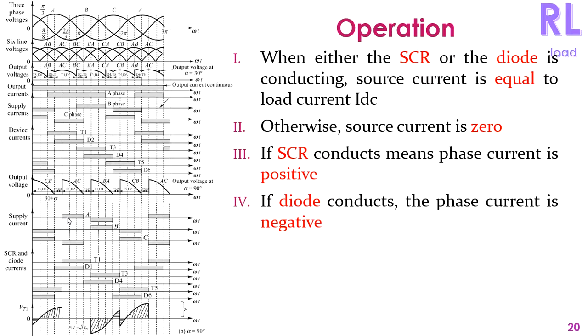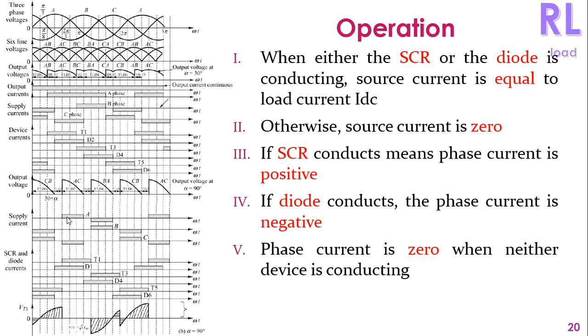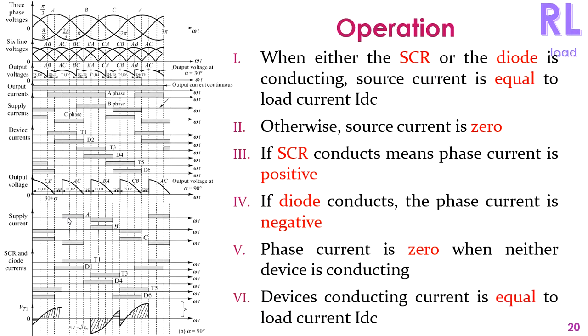But if diode is conducting, then phase current is negative. Phase current is 0 when neither device is conducting. The device conducting current is equal to load current. So this is the operation of inductive load. The source current is equal to load current if SCR and diodes are conducting, and device conducting current is also equal to load current.